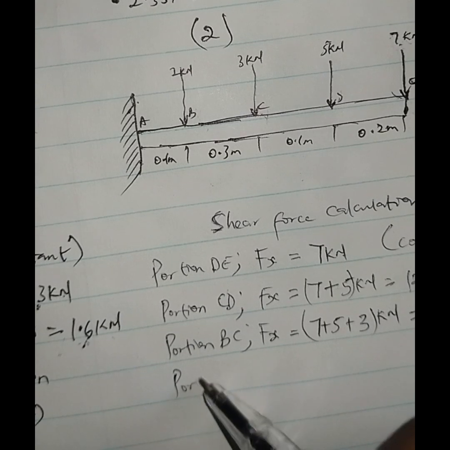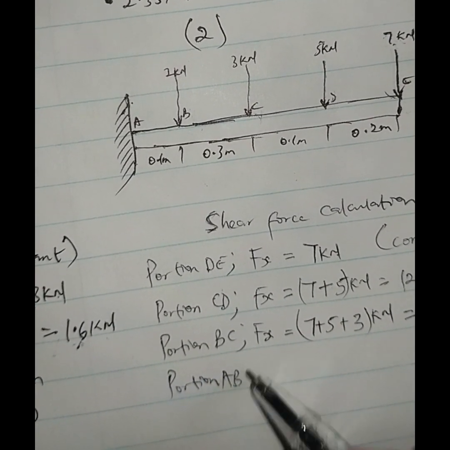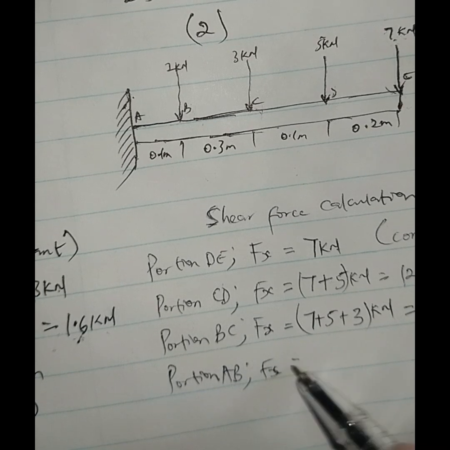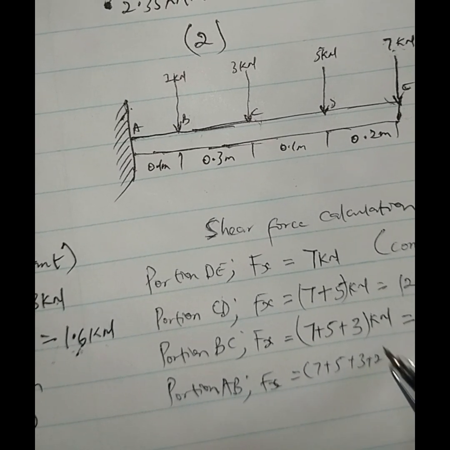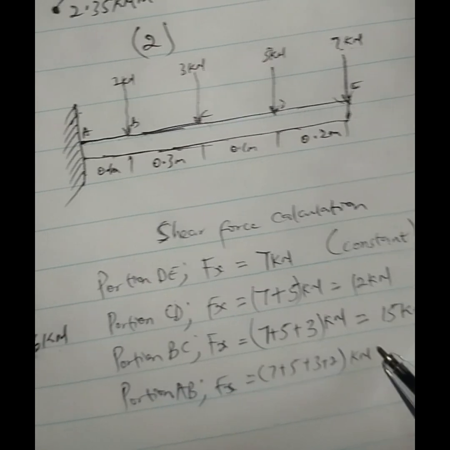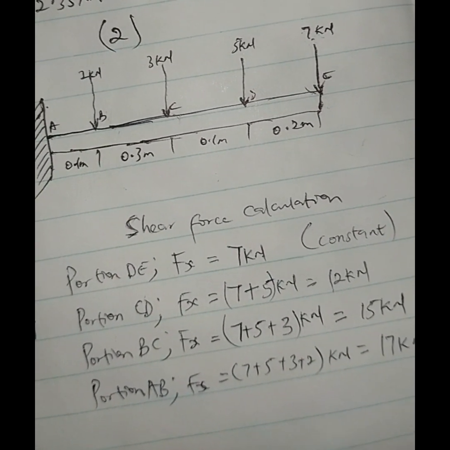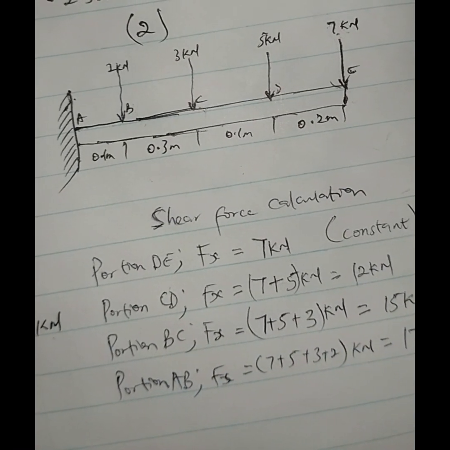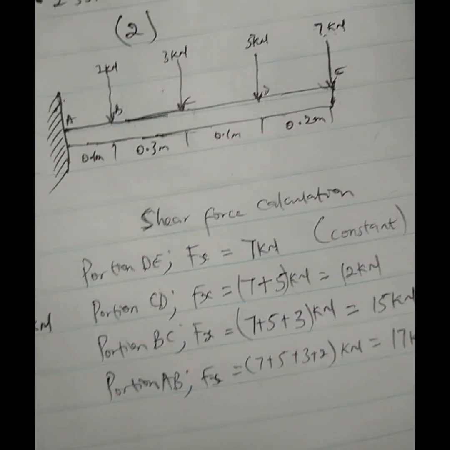So now portion AB, your f of x is now equal to 7 plus 5 plus 3 plus 2 kilonewton. That is equal to what? 17 kilonewton. So like this, you are done with your shear force calculation. Very simple, just adding them.